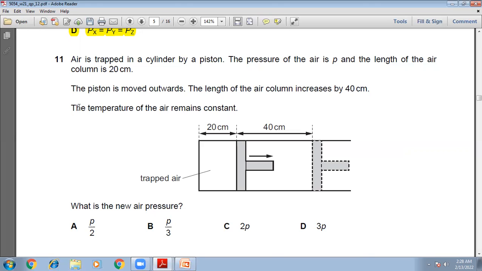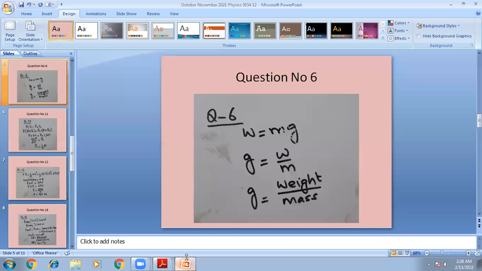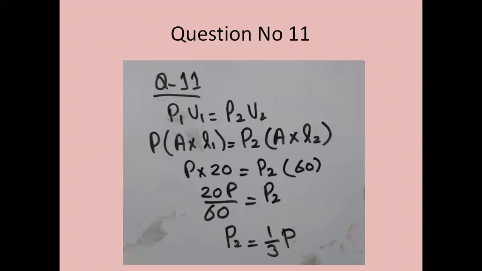Okay, so now let me show you my solution to this question. P1 V1 equals P2 V2. P1 is P, the cross-sectional area of the tube is A, the length is L1.